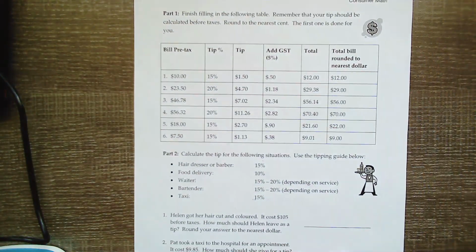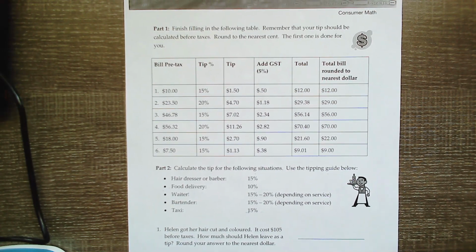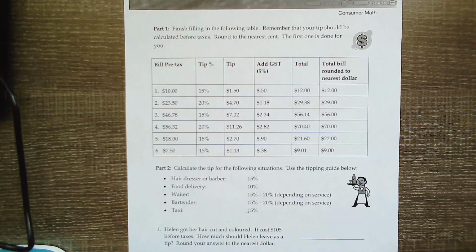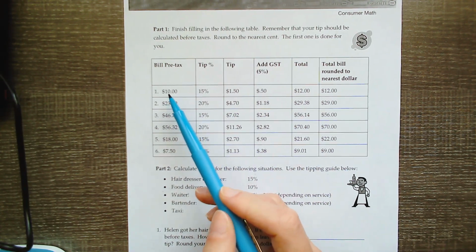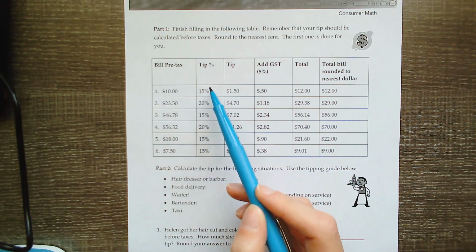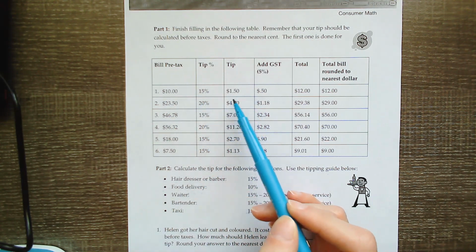I'm going to talk a little bit about this chart here, and it does help you out. It is completed for you, so you don't have to do it. It talks about some general amounts, and these are good things to know. We can see that if our bill is $10, our tip is 15%, we're going to pay about $1.50.